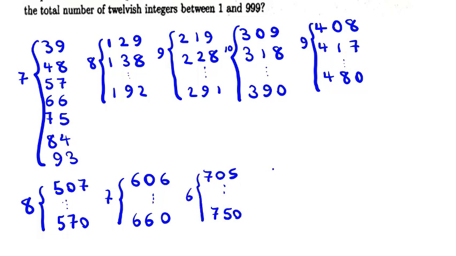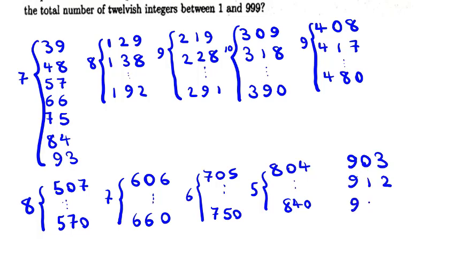It will be 6. 8, 0, 4 to 8, 4, 0. It will be 5. 9, 0, 3. Last one. 9, 1, 2, 9, 2, 1, 9, 3, 0. So the answer here will be 4.